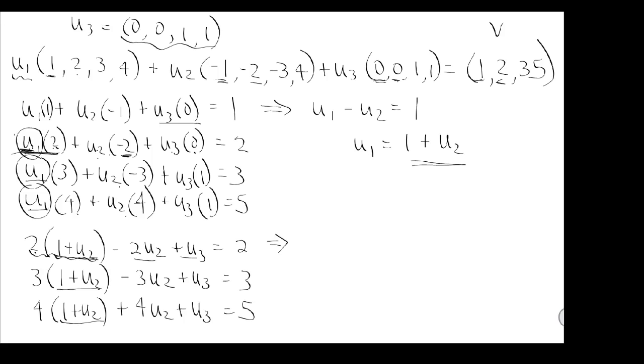So that first one is going to be 2 plus 2u2 minus 2u2 plus u3 is equal to 2. Well, when I combine like terms, I'm left with 2 plus u3 is equal to 2, which means that u3 must be 0.